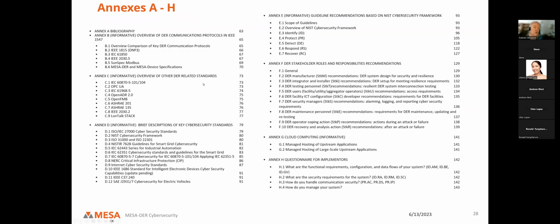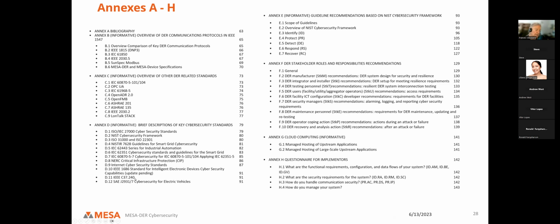We also in 1547.3 have some annexes. Just to point out, we have descriptions of some of the key protocols, as well as some of the other types of protocols that are not as related to DER. And we also have a list and descriptions of cybersecurity standards.